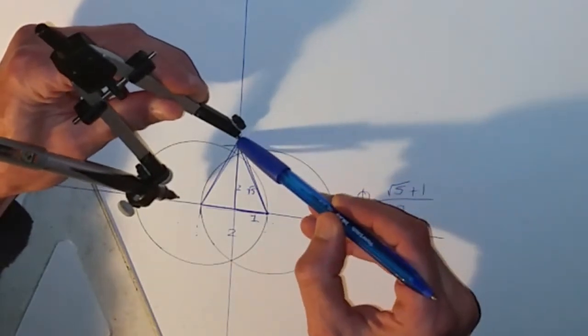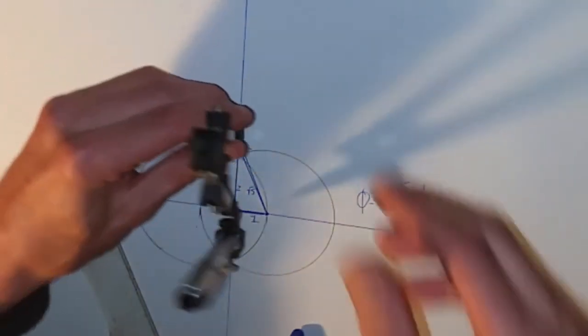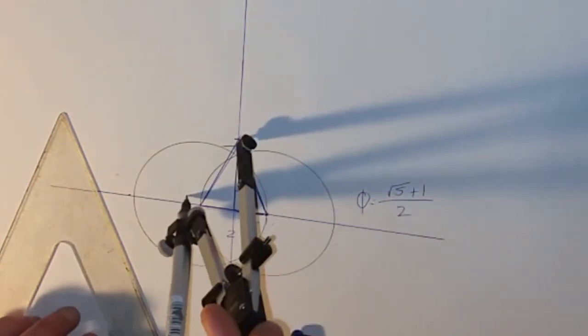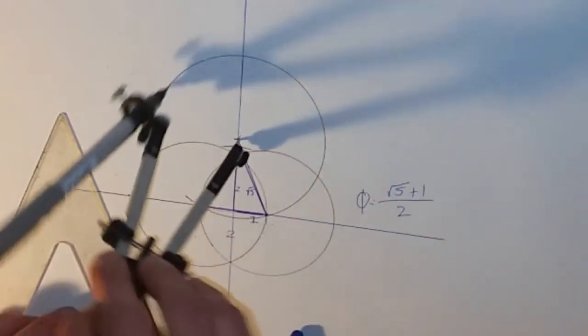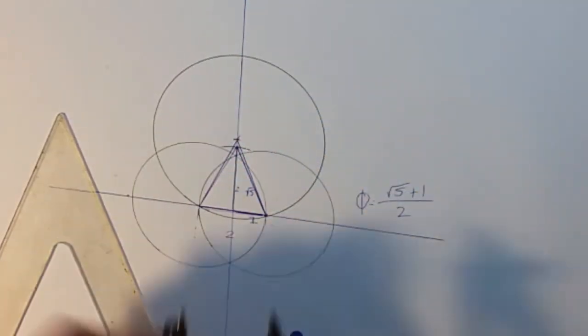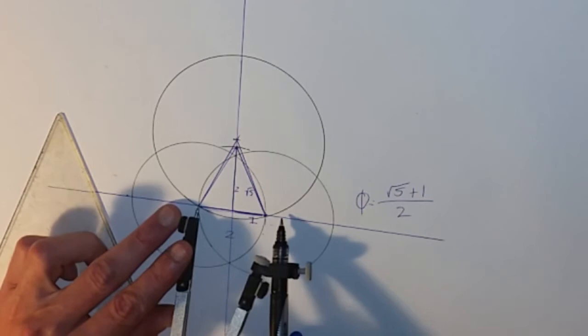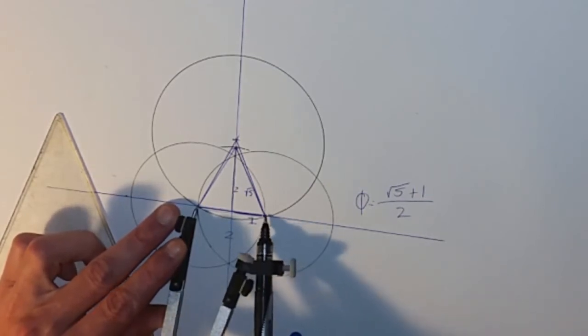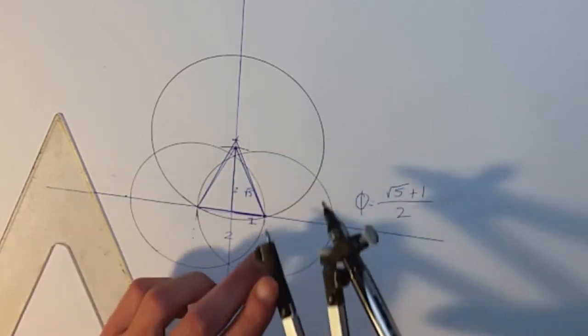That length now is, okay, well, that's something else. So we set our compass, we're going to draw a new circle. And reset the compass again to get our base. So this would be the base of the pyramid.